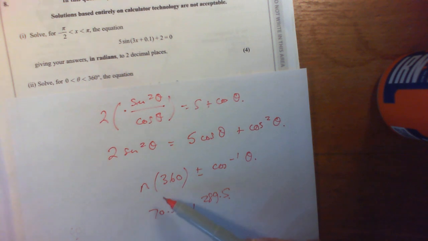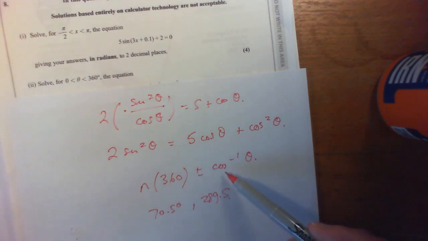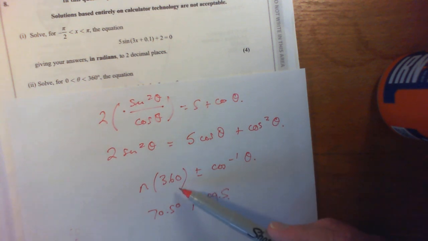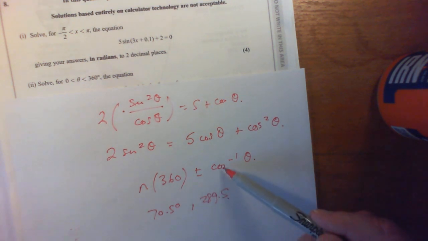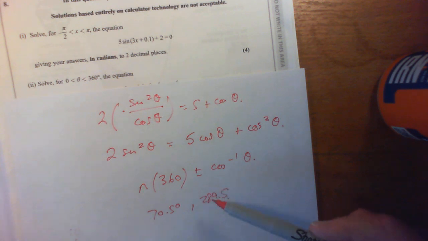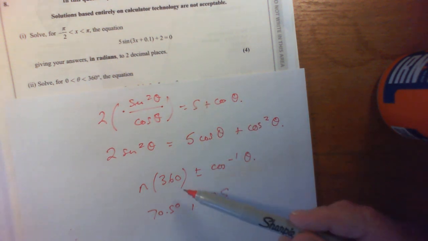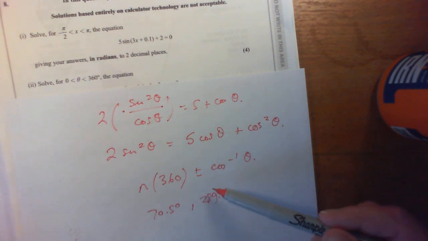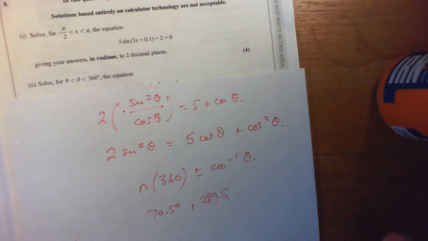So n equals 0 is just the straightforward principal value that you get from your calculator. Then you go to n equals 1, so it's 360 minus the principal value, which will give you that. And then I ignore the 360 plus the principal value, because that will take me out of the range.